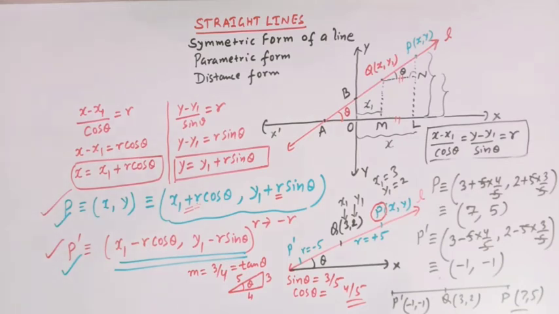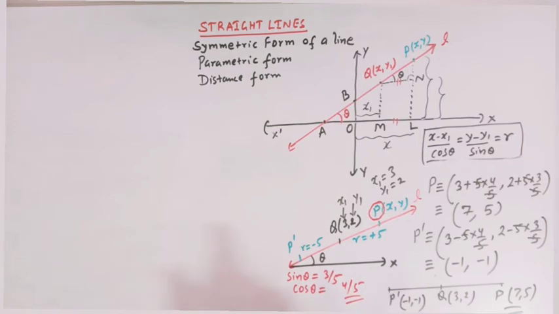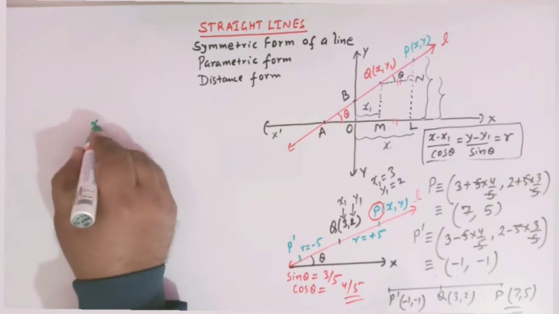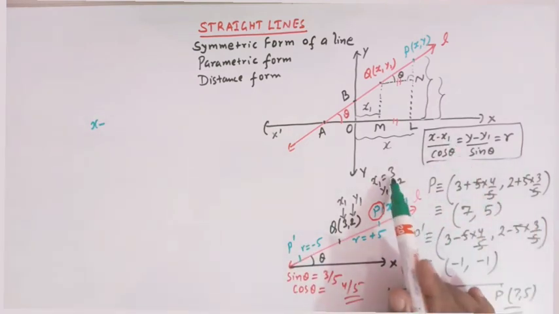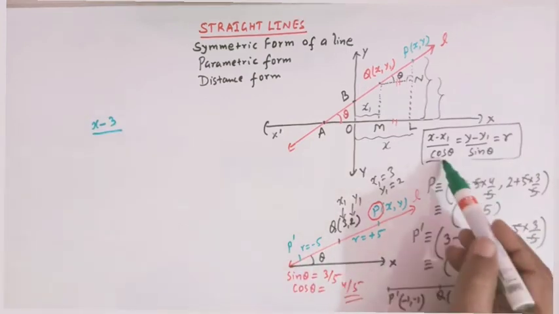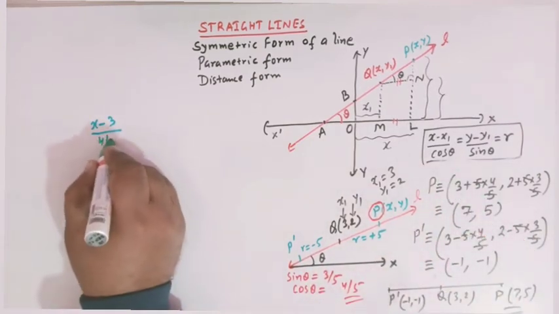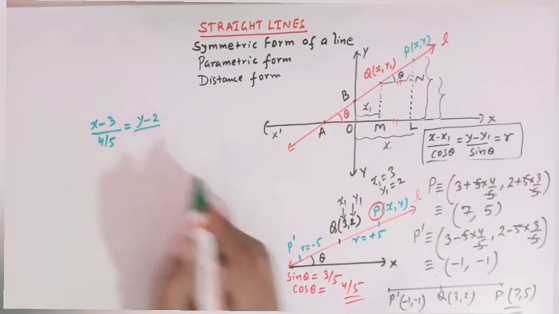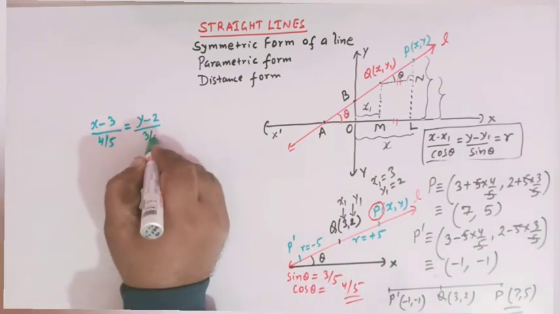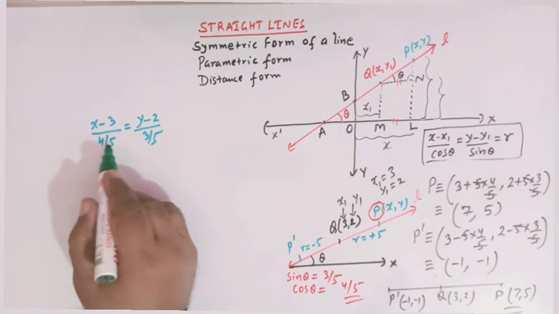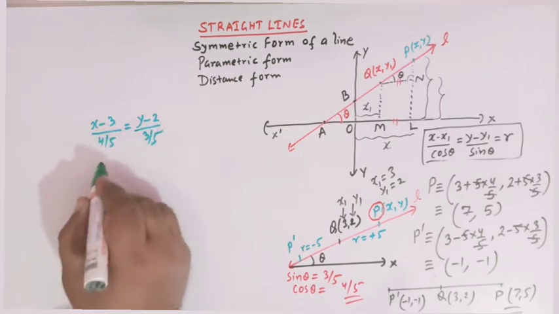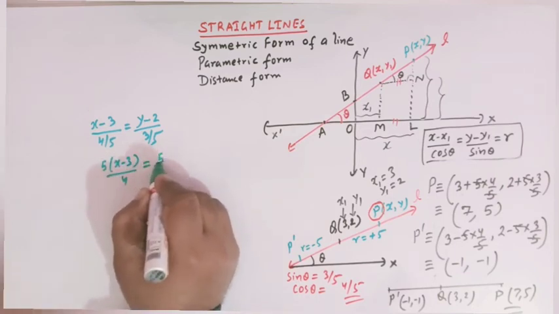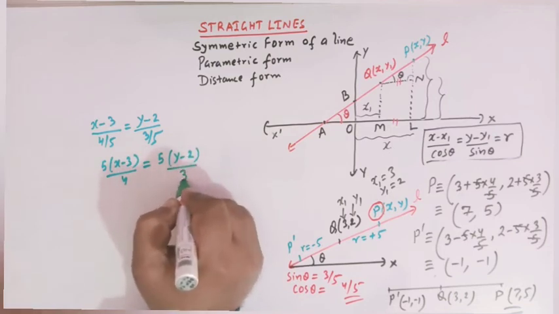So this is how we can tackle this type of problems with the help of a symmetric form of a line, right? And moreover, suppose we have to write the equation of this line L, we can write x minus x1. x1 is 3, and we have cos theta. Cos theta is 4 over 5, and here we have y minus y1. y1 is 2, and sine theta is 3 over 5, right? And now we can rewrite this equation as 5 times x minus 3 over 4. This is 5 times y minus 2 over 3, right?